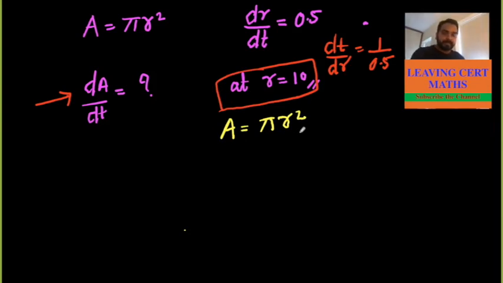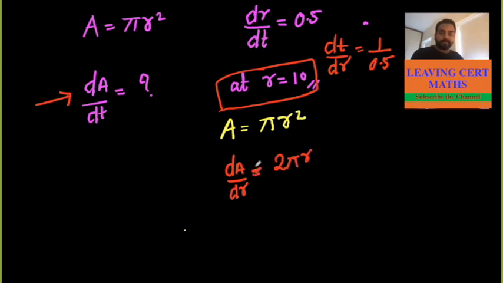So what I'm going to do is differentiate. There is one way we can do it directly. I can write dA over dt is equal to 2 pi r and again write dr over dt, but you will not understand why I'm writing dr over dt again, but this method will make sense. Can I do dA over dr is equal to 2 pi r?